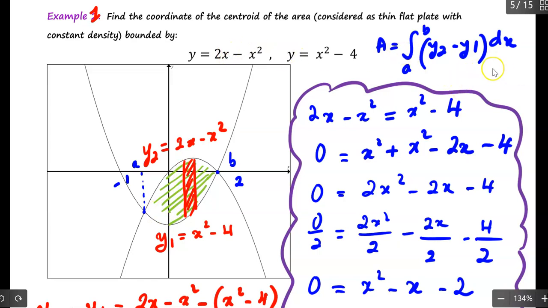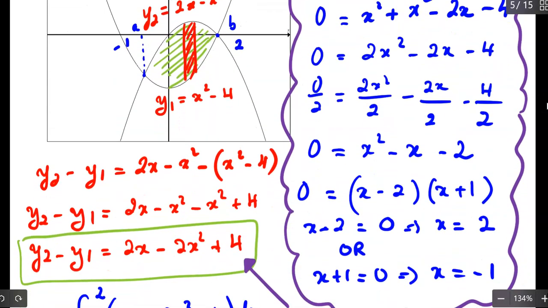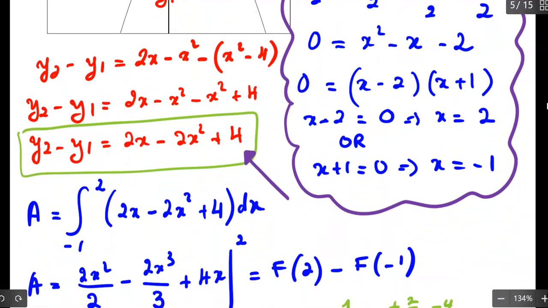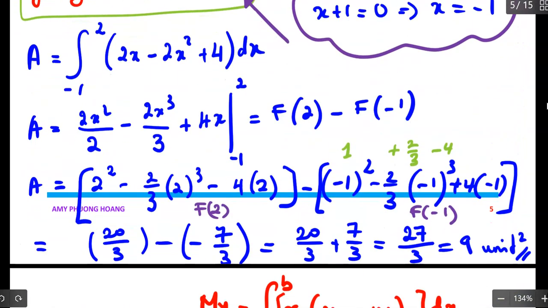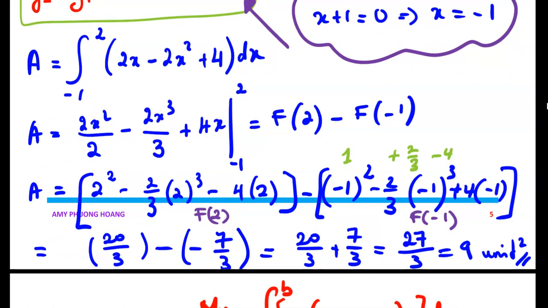The very first step is to find the area, using integration. After we find the area, we are going to leave it aside because that will be our denominator. Then you divide this area into your Mx and your My.